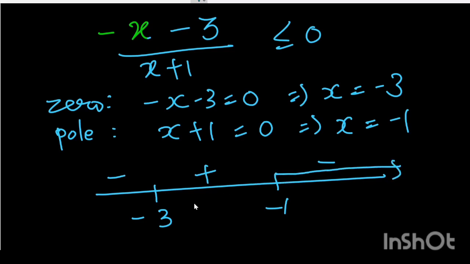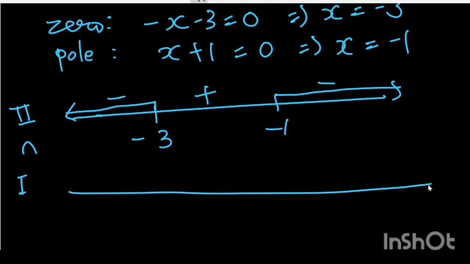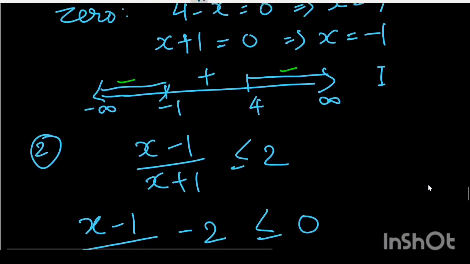So this and this is the second one. Now we will take intersection of the second with the first to get our final solution. Now what was the first one? The first one was minus infinity to minus 1 union 4 to infinity.